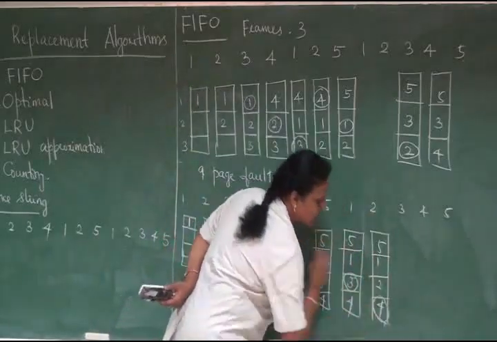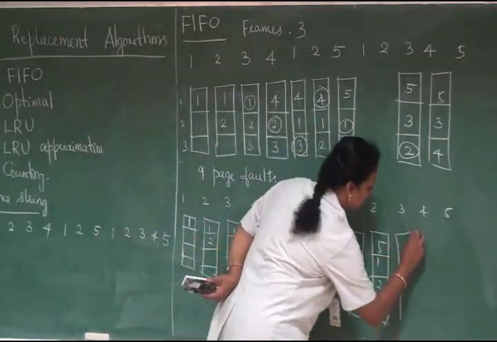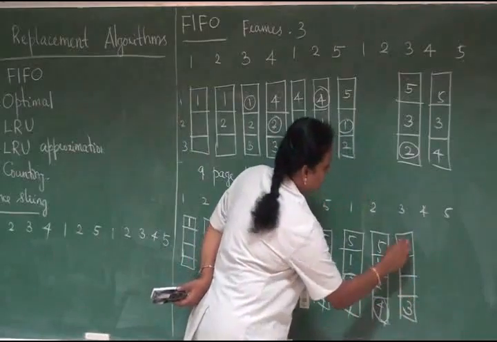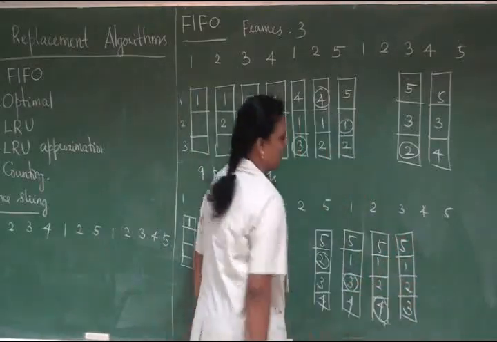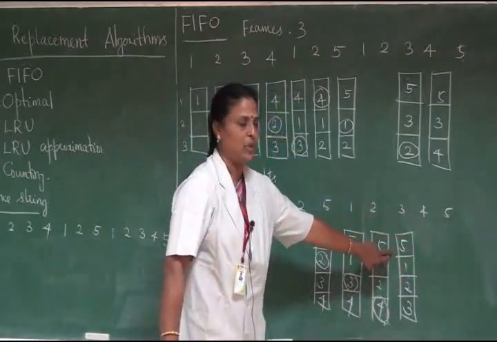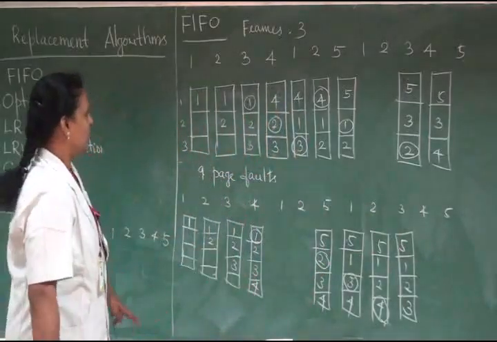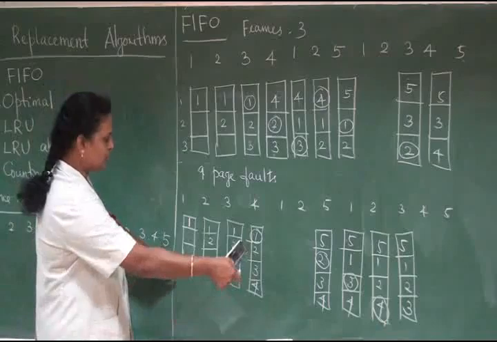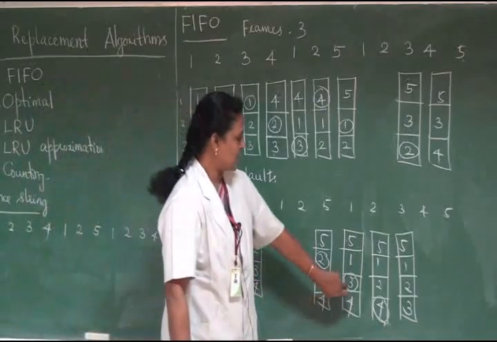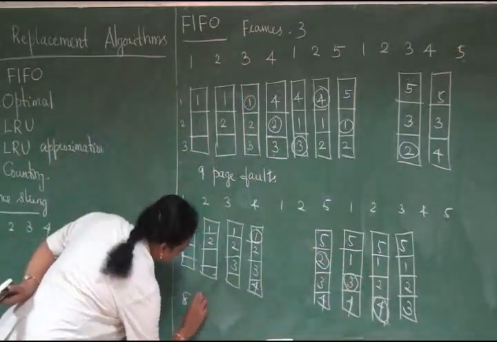Among these 4, the first entered is page number 4, so it is selected as the victim and 3 is loaded. 5 is already there, so it will directly access it. Let us calculate the page faults: 1, 2, 3, 4, 5, 6, 7, 8. So 8 page faults occurred.